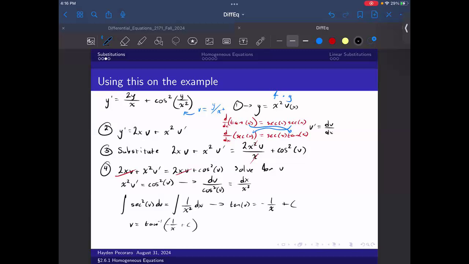And then, wait, v was writable in terms of y. So this is really y over x squared. Oh, well, that's pretty easy to solve for y. y equals x squared arctangent of minus 1 over x plus c. And so there's our general solution.